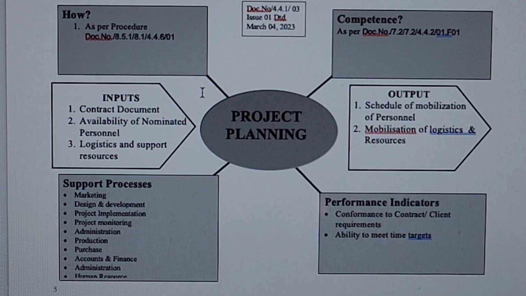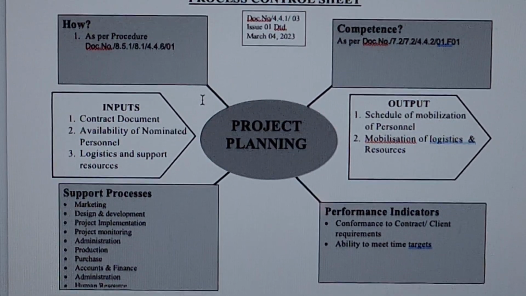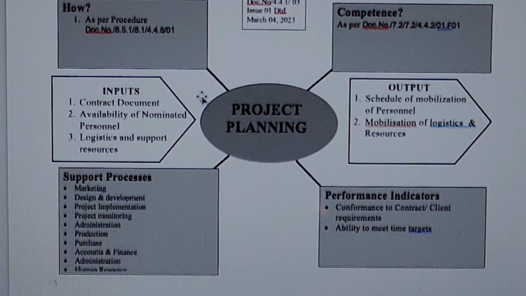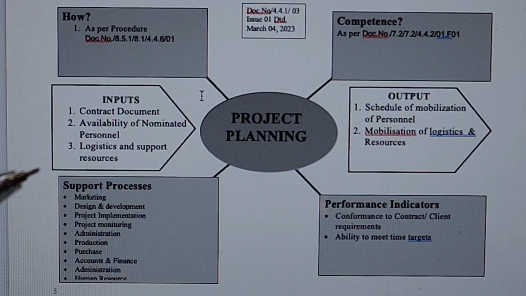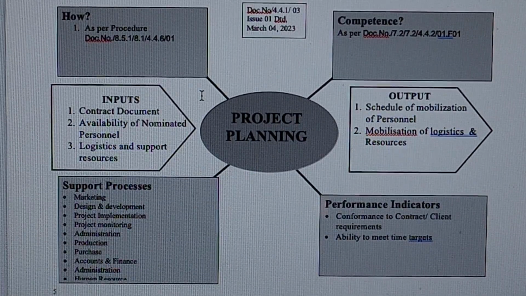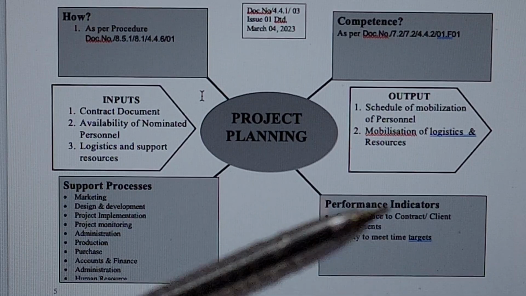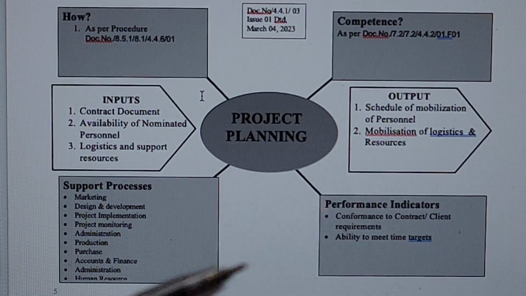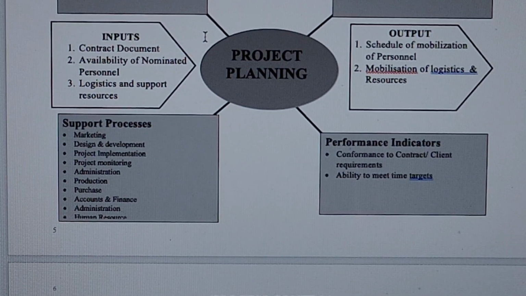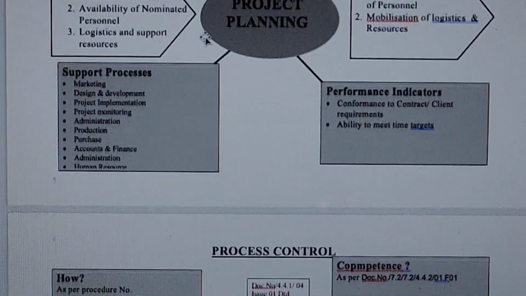So the competency criteria is defined in the document there, and this is project planning, the name of the process, and here we have the inputs, and here we have the output. These are supporting processes, and here we have the performance indicators. So this is how we have described this process, which is project planning.